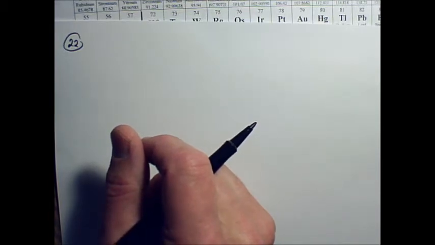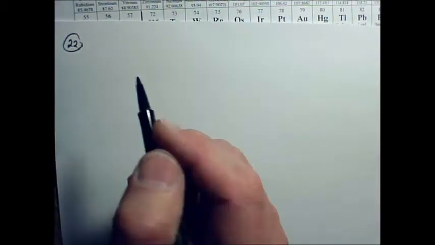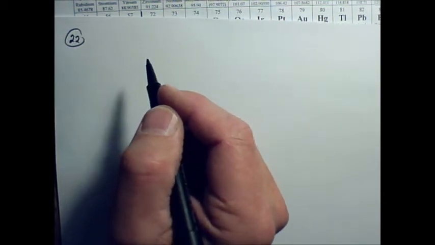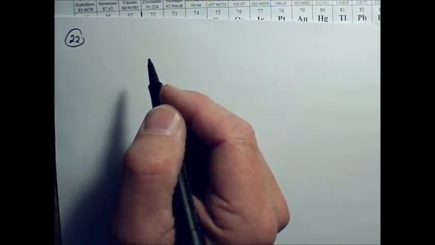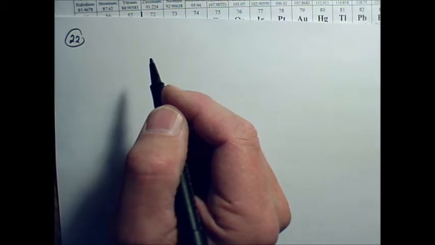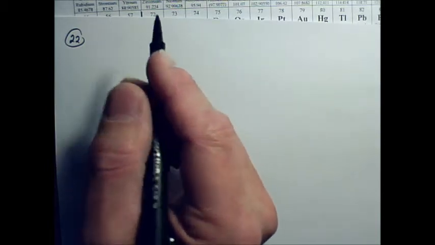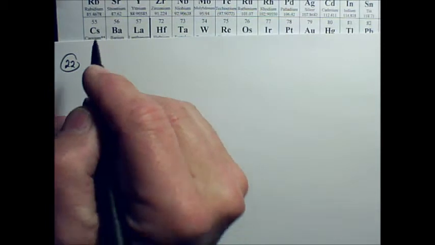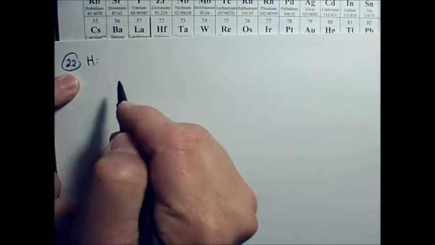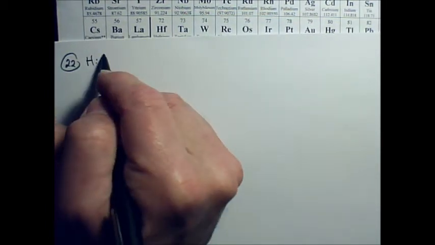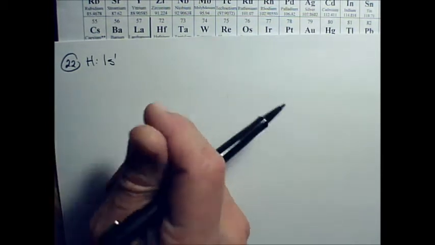Okay? All right, number 22 says, what is the name of and how do you determine those elements that have electron configurations with one valence electron? Well, let's look at electron configurations. Hydrogen is 1s1. How many valence electrons does it have?